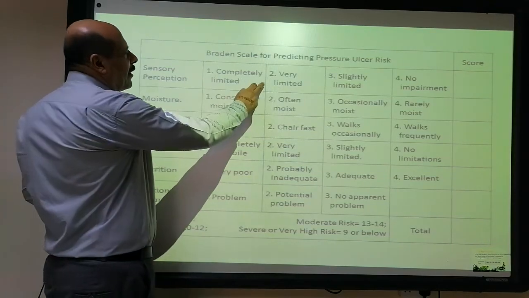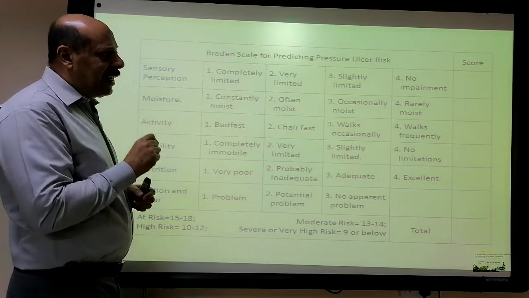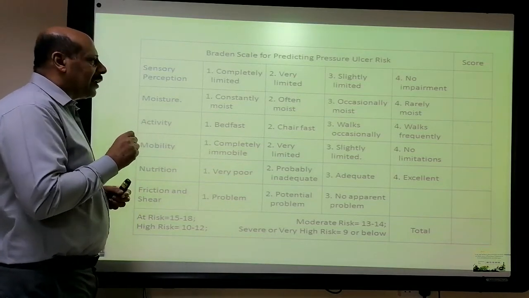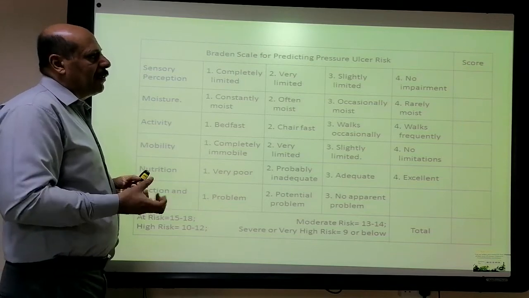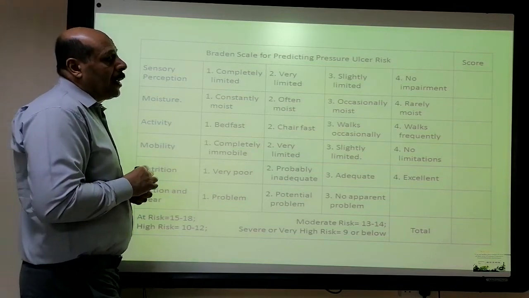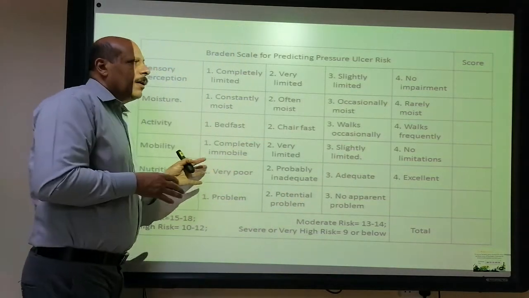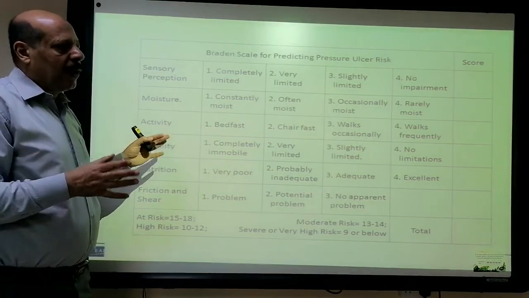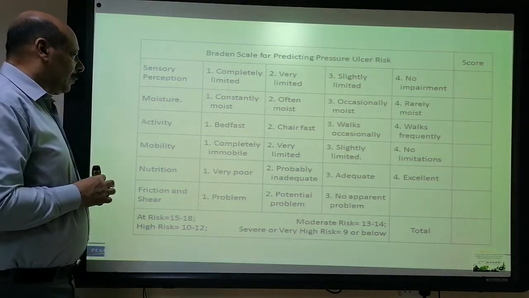If it is very limited, he will get 2. If it is slightly limited, where sometimes he does not feel the pain, he feels numbness, he will get 3. If there is no impairment, nothing wrong with any of the senses, in this case he will get 4.